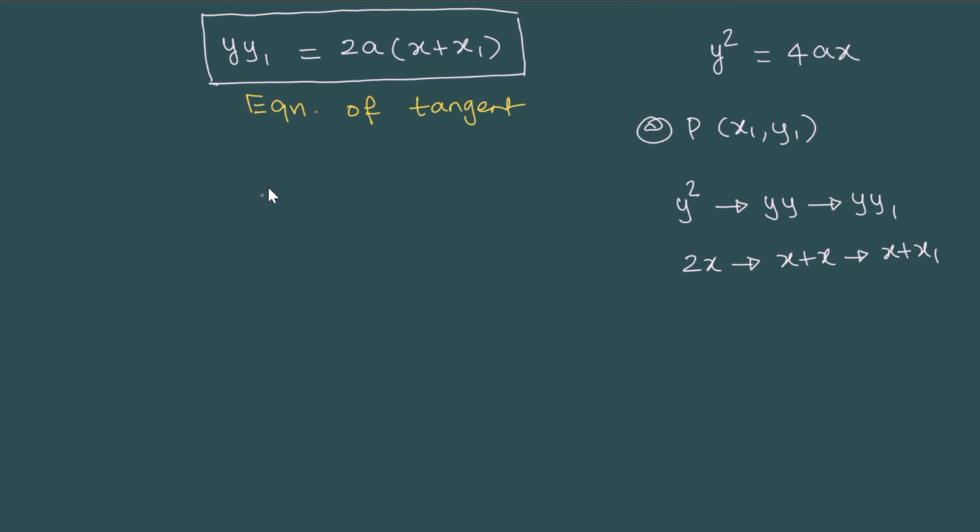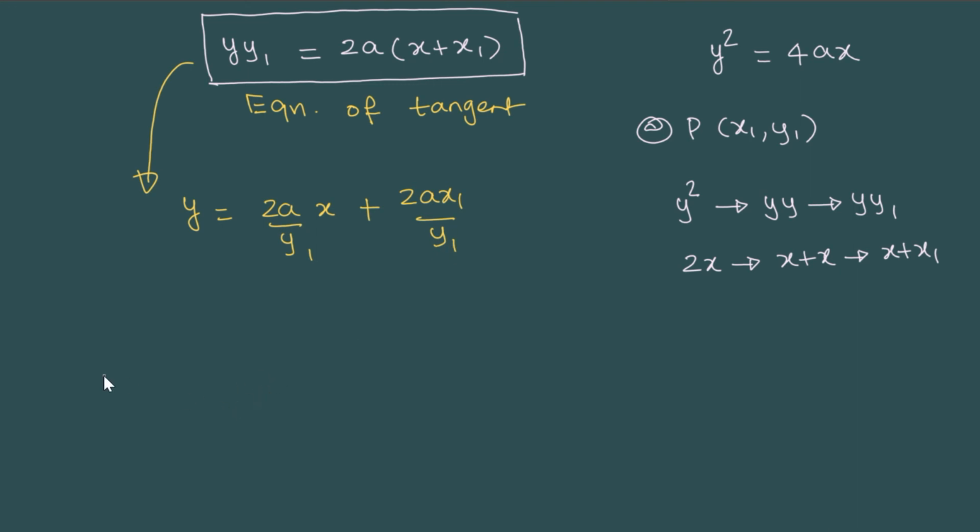I'm taking slope of the tangent as m. So first let us rewrite this a little bit differently. So y is 2a by y1 x plus 2a x1 by y1.